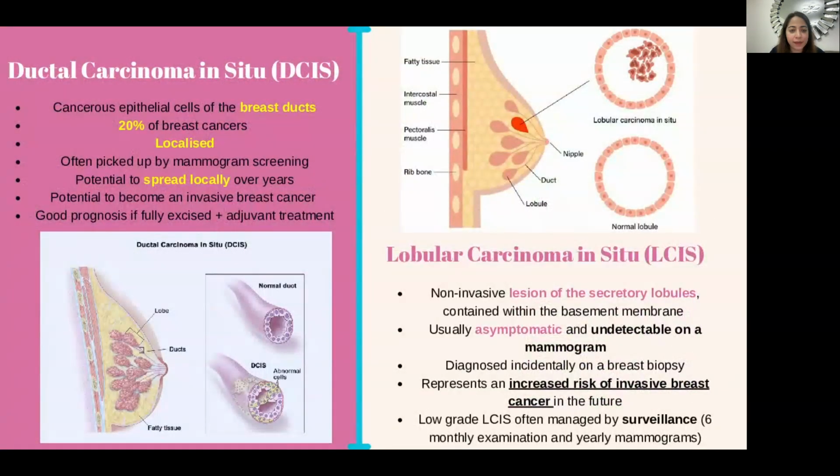Okay, and then moving on from invasive breast carcinomas, we've got ductal carcinoma in situ. These are cancerous epithelial cells of breast ducts, and they form about 20% of breast cancers. They're localized, and they are quite often picked up by mammograms.